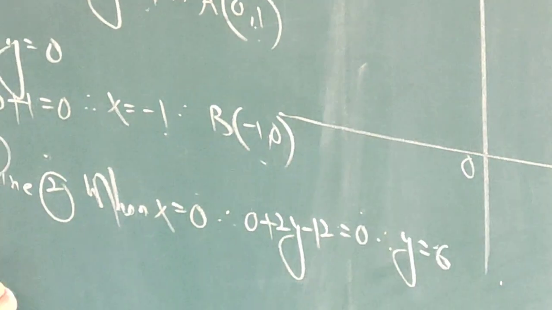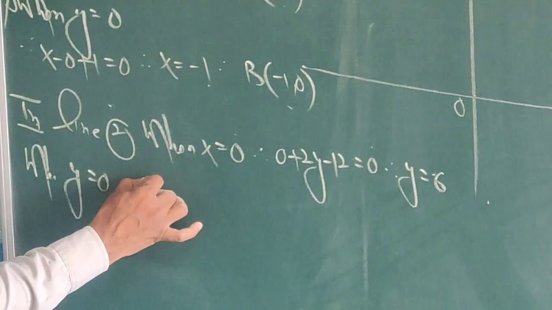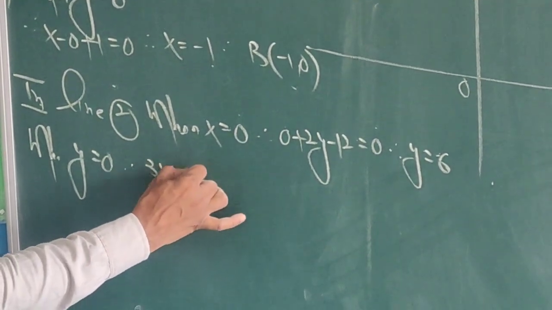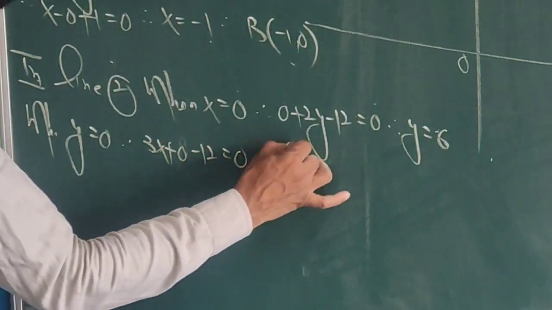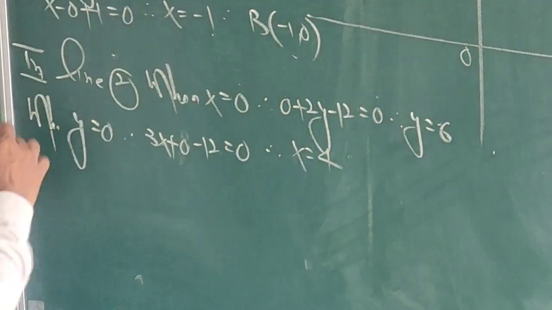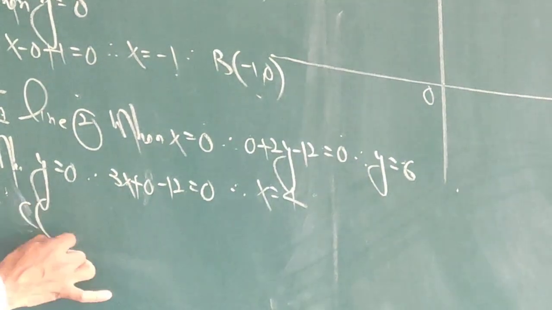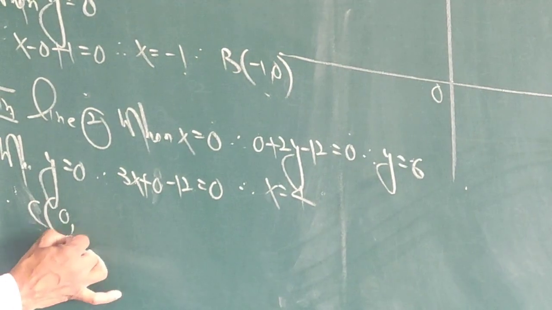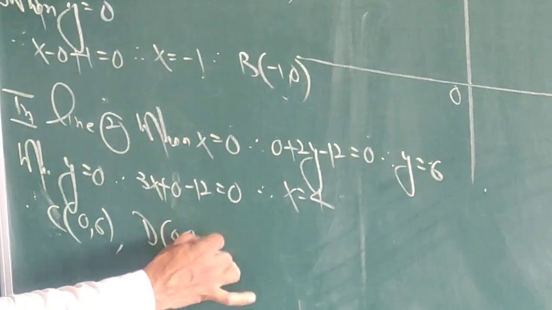And when y equal to 0, therefore 3x plus 0 minus 12 equal to 0, and we get x equal to 4. Therefore, the points on the second line: this is said to be C point, and C point is 0, 6, and D point is 4, 0.